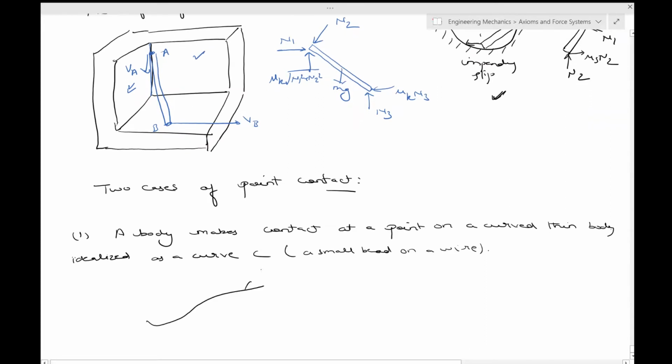So this is the curve C, and this is the bead which is in contact. It will have a normal direction, it will have a tangential direction, and it will have a binormal direction, which will be essentially perpendicular to both of them.